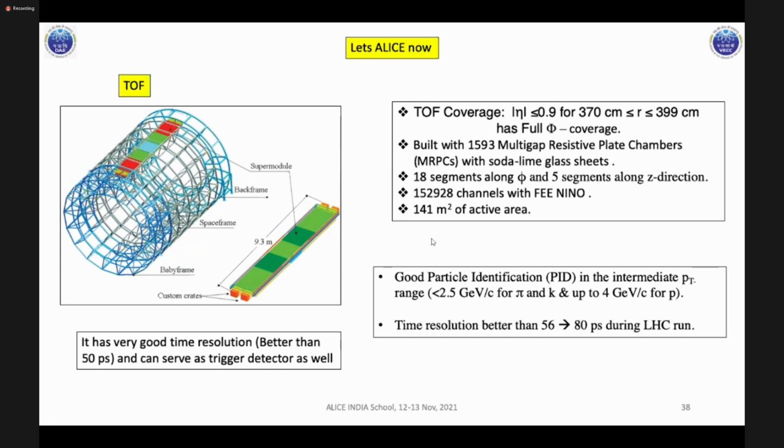And this detector is built with multi-gap resistive plate chambers. I haven't discussed this kind of detector. I guess there will be a separate lecture on these kinds of detectors. These detectors are really very fast. They can sense things in picosecond order.